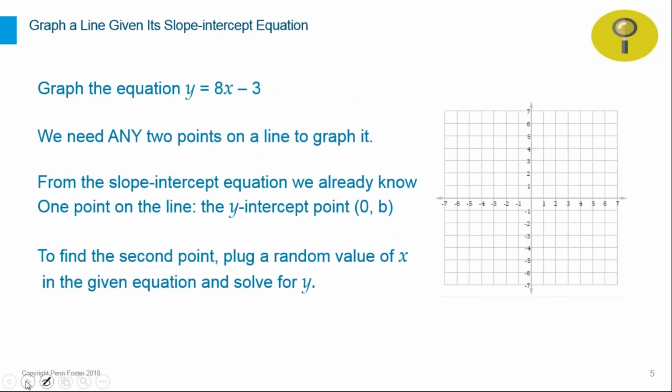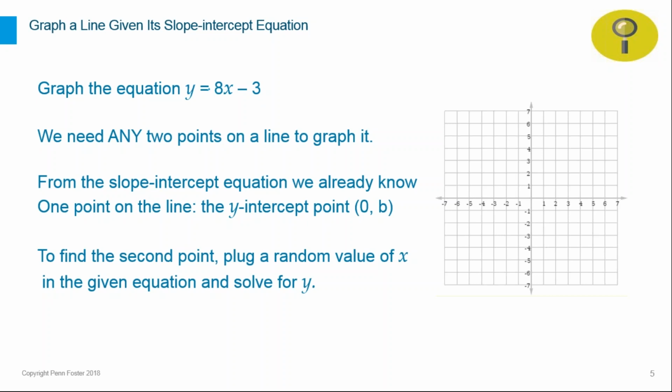Now, what if we are given the equation of the line in slope-intercept form and we're asked to graph the line? So again, we're going to do the backwards of what we've been doing so far. To do that, we need to look at what information this equation gives us. One piece of information that will be helpful is the y-intercept. I'm saying that because to graph a straight line, you need at least 2 points that we know the line goes through.